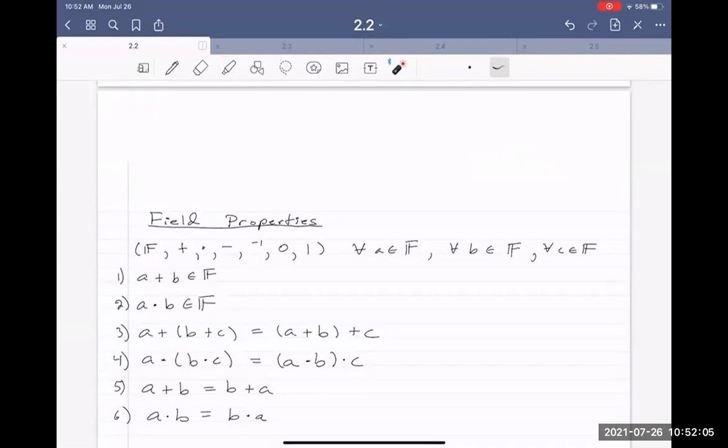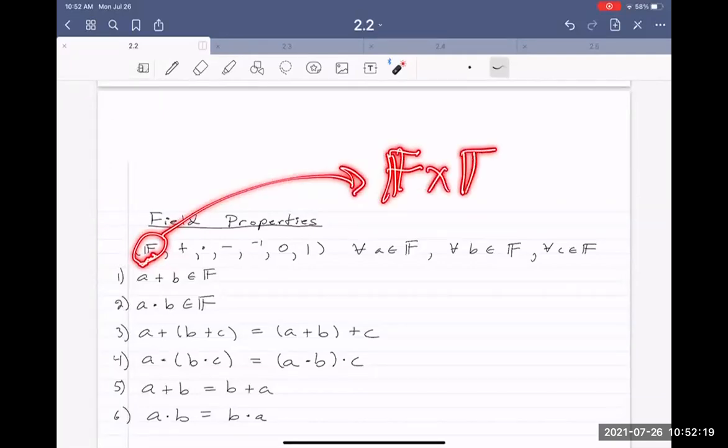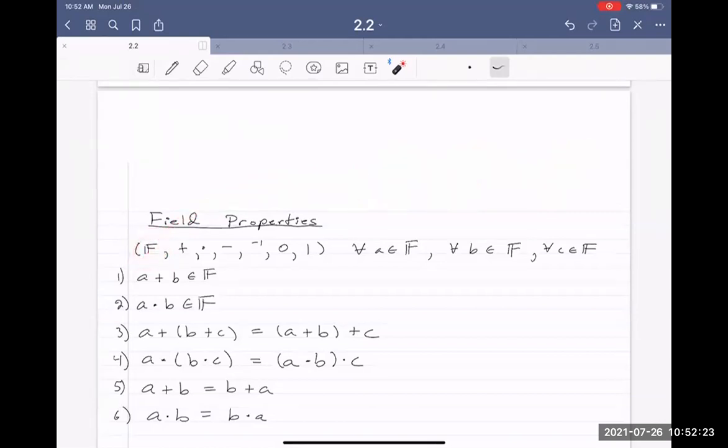Addition is a function from the Cartesian product of F with itself into F. So it's a function from the Cartesian product of F with itself into itself. Same for multiplication. It's a binary operator.